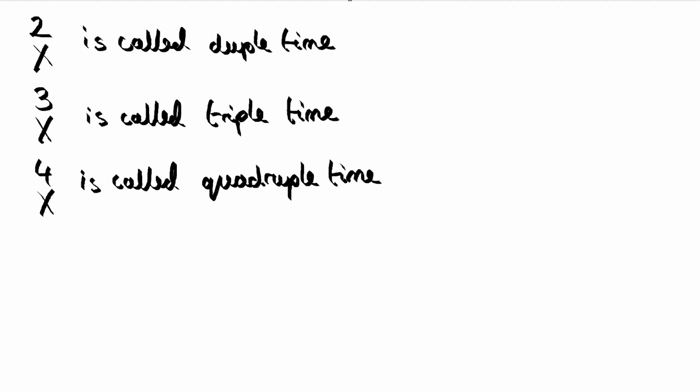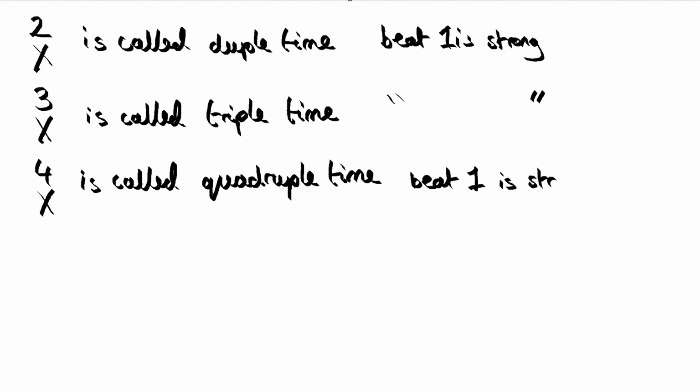In the case of 2 and 3 time, beat 1 is the strong beat. In 4 time, beat 1 is strong, and beat 3 is also strong.